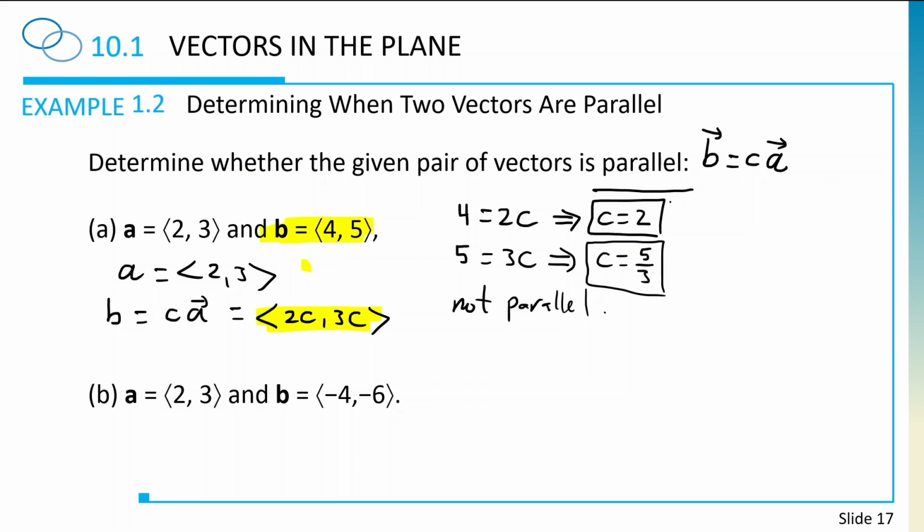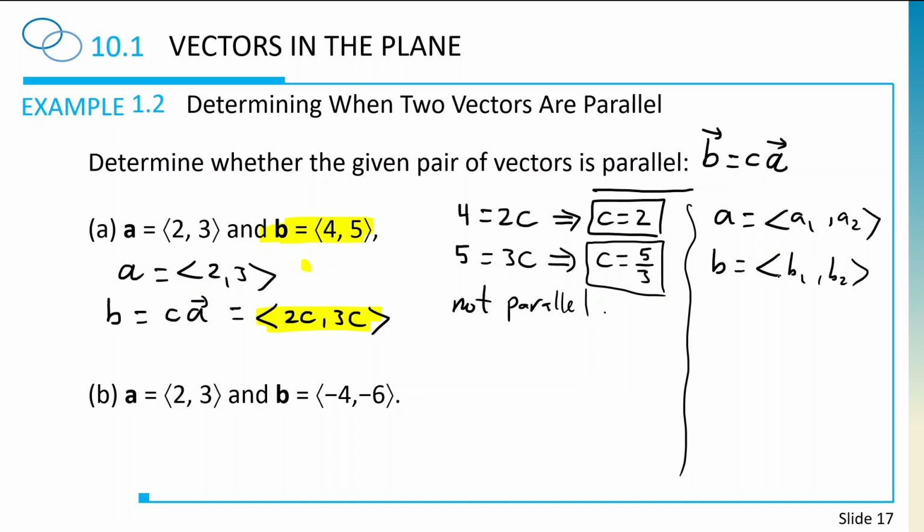For me, I prefer that you do it this way, much easier. If you have any two vectors, let's say A equals (A1, A2) and B is equal to (B1, B2), and I need to check that they are parallel to each other, I just take the ratios for the components. Is B1 divided by A1 equal to B2 divided by A2?